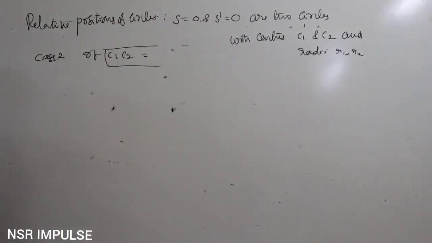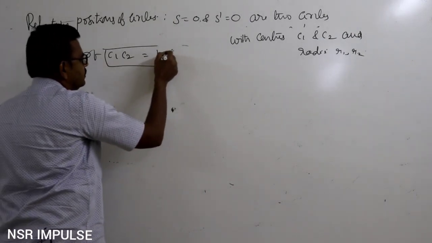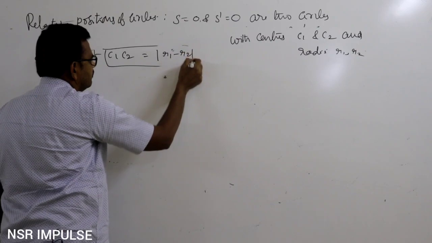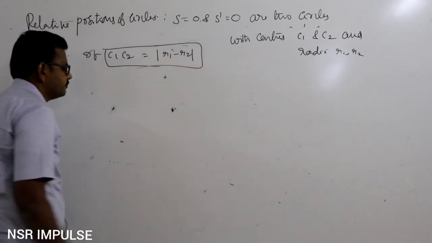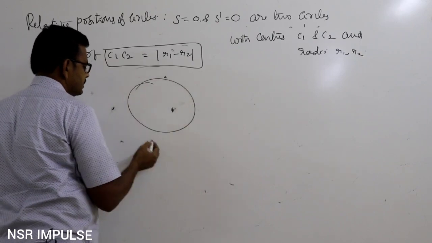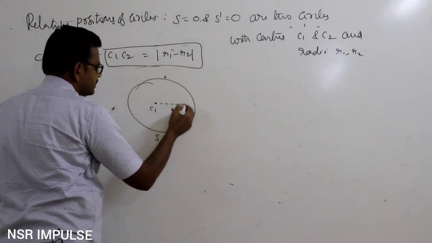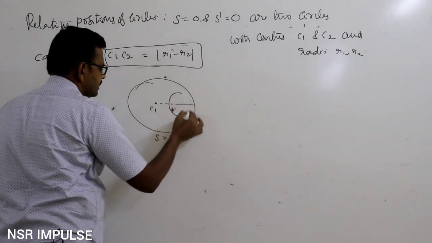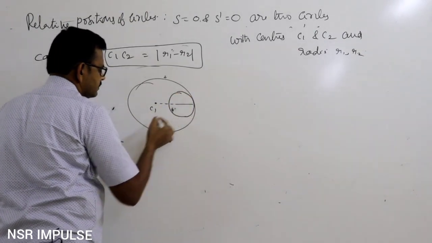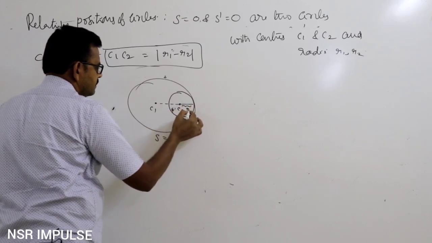Next, case 3. C1C2 equal to mod of R1 minus R2. S equal to 0 with the center C1, this is radius R1, and this is another circle with the center C2, this radius is R2.